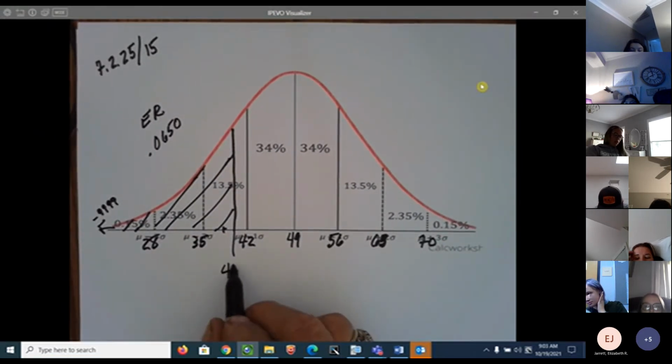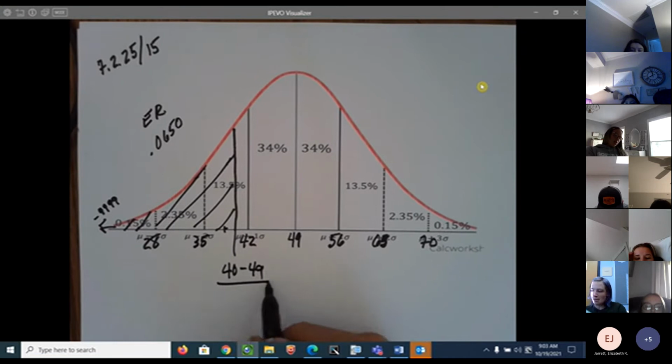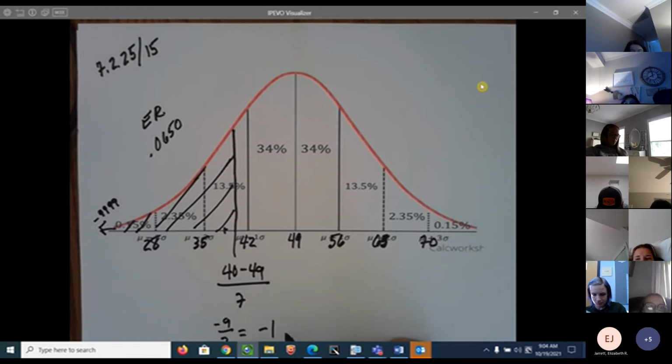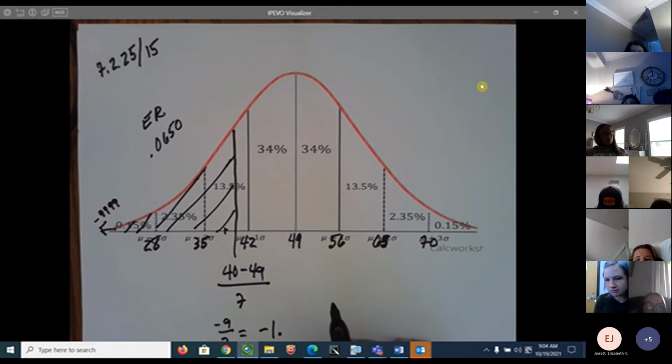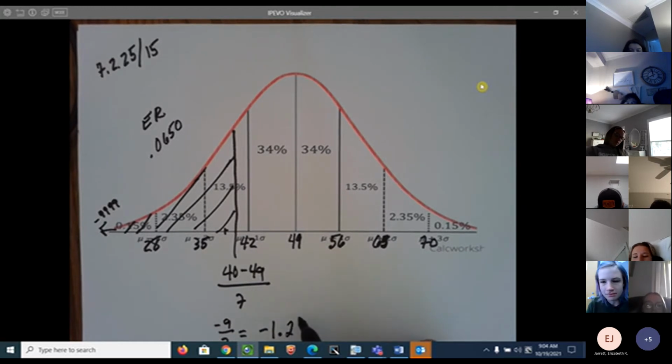So 40 minus 49 divided by 7 is negative 9 over 7. Somebody give me that decimal, please. Negative 1.285, so 1.29.